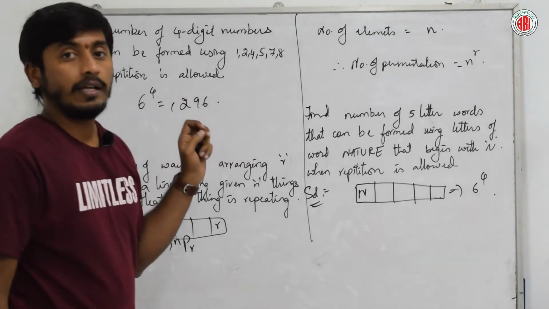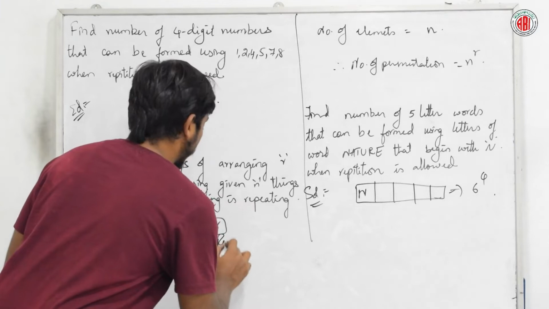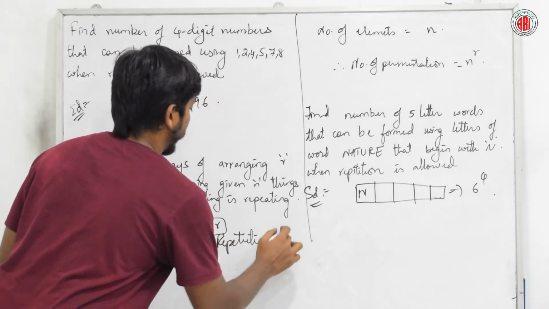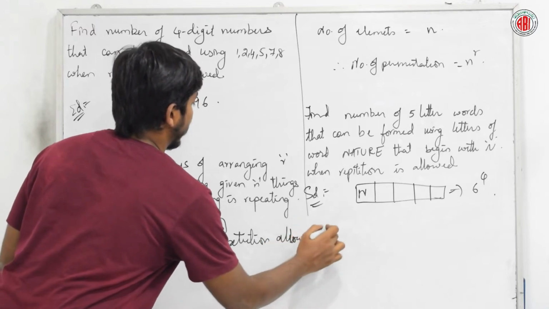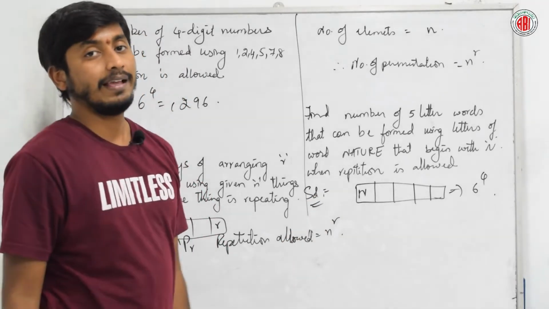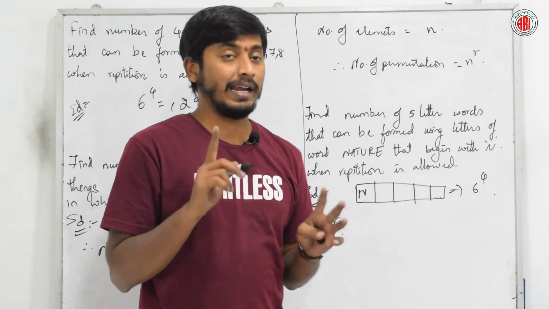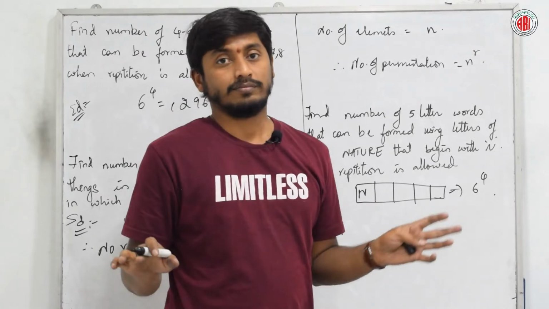nPr. If I say repetition is allowed, so what is the formula? If repetition is allowed, the thing is n power r. So what is the thing? At least one will repeat. It doesn't mean that only one will repeat, it can repeat everything.